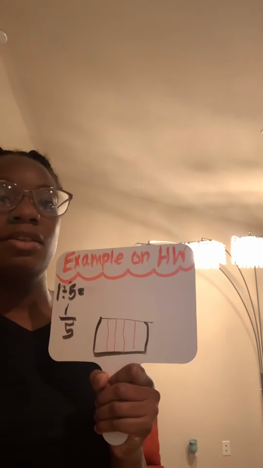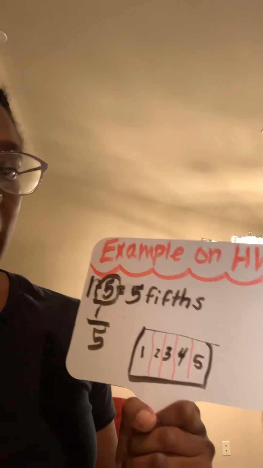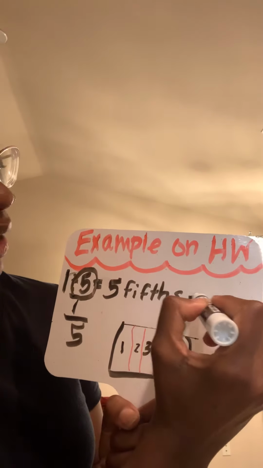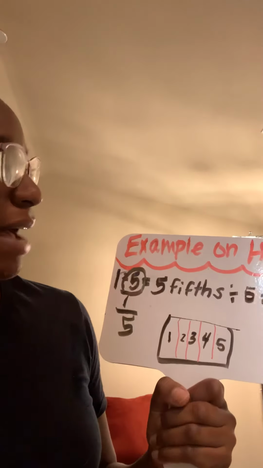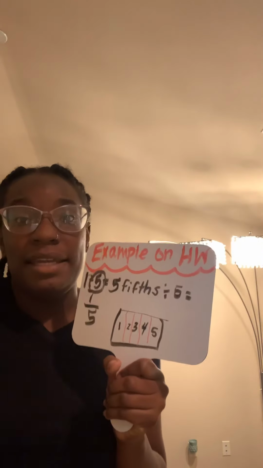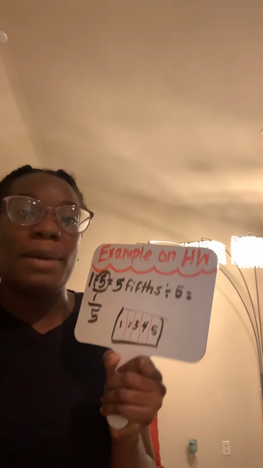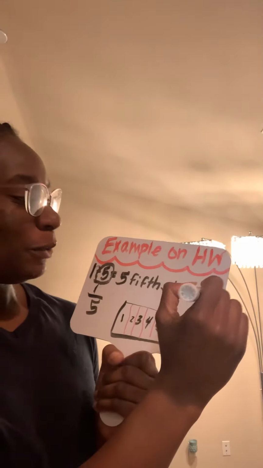All right? And we know that we're dividing that 5/5 by 5. All right, so I'm going to continue by dividing that by 5. We already know that we've made the problem easier because 5 divided by 5 is very simple. 5 divided by 5 we know is 1.